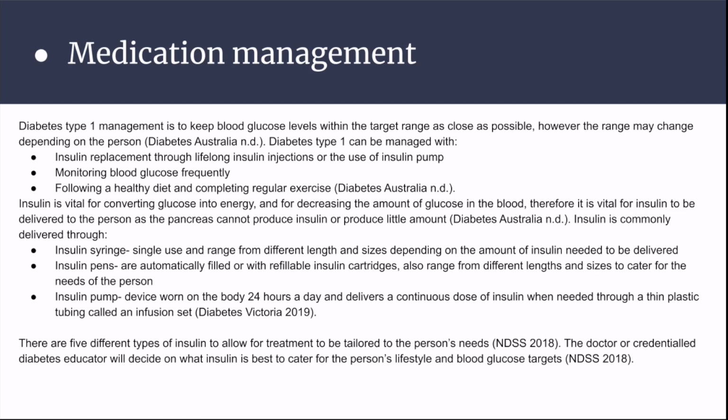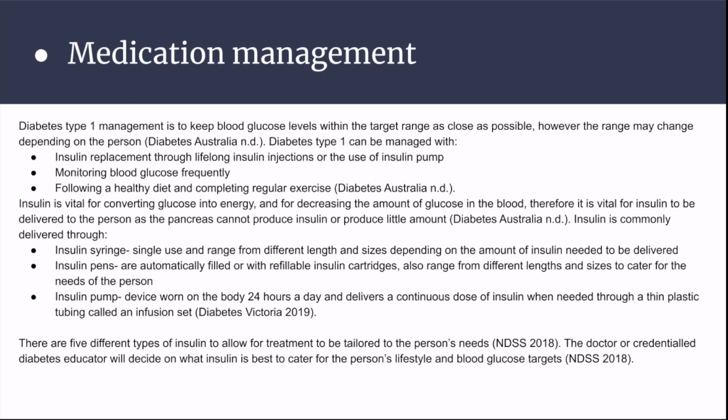The second type of insulin is short-acting insulin. This works within 30 minutes after injection and it is important to eat within 30 minutes after the injection. This insulin is given as a bolus dose to keep blood glucose levels within a target range within meals. Short-acting insulin has a peak action of 3 to 5 hours and continues to lower blood glucose levels for another 6 to 8 hours, also known as Actrapid.